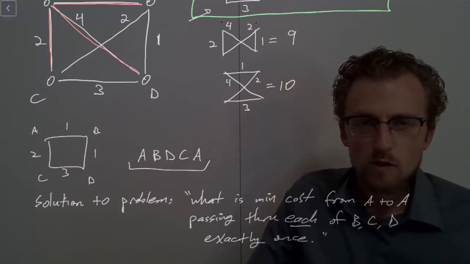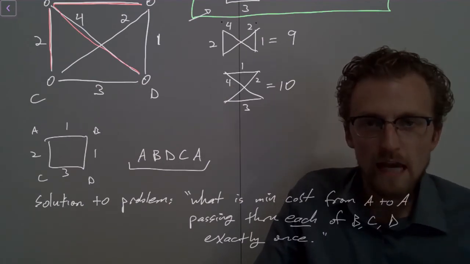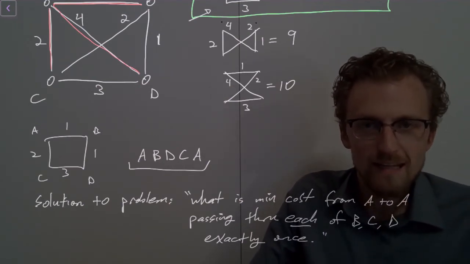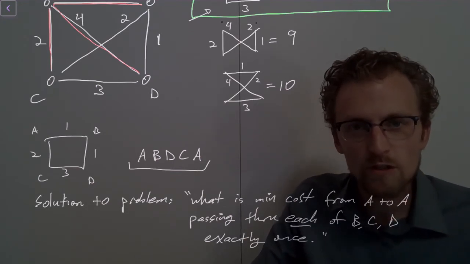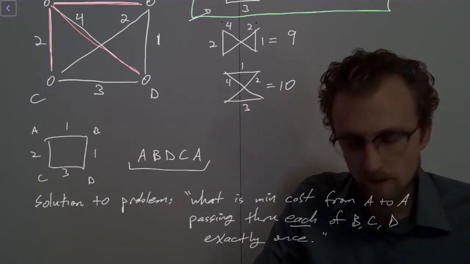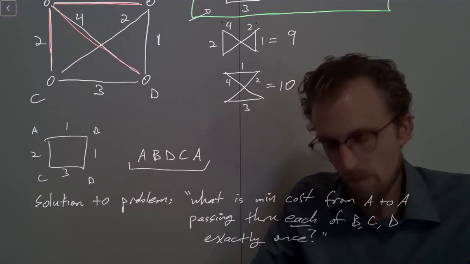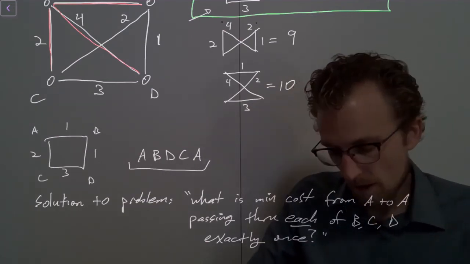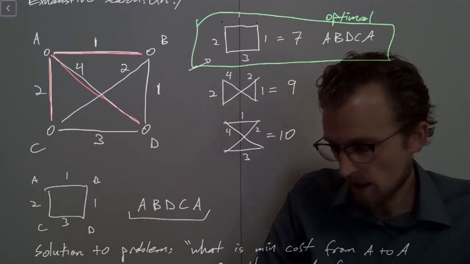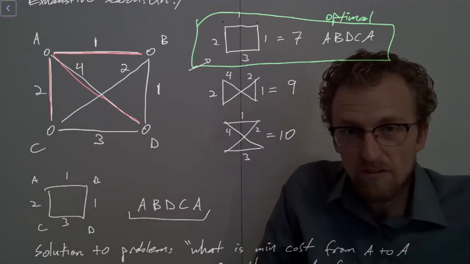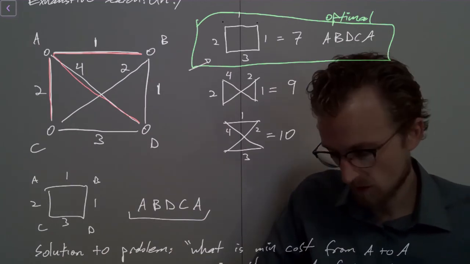Okay, so this path A, B, C, D, or A, B, D, C, A, is the optimal solution to this question that I just asked. That's a question. I should probably put a question mark on it. And these other paths that are shown here, the bow tie and the rotated bow tie, they're also feasible solutions to this question, right?